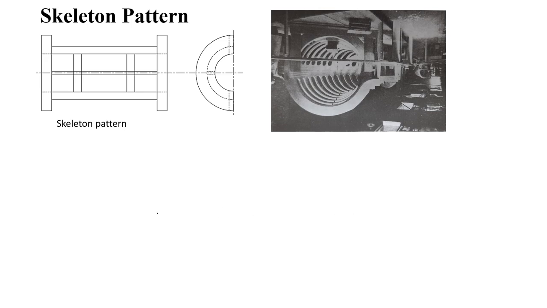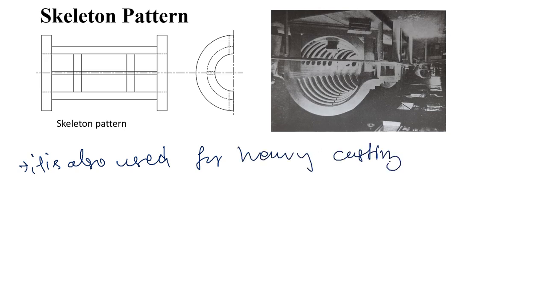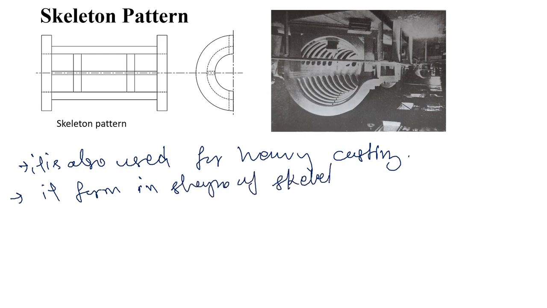Next pattern is the skeleton pattern. It is also used for heavy castings, and it is formed in the shape of a skeleton to reduce the cost of the pattern.